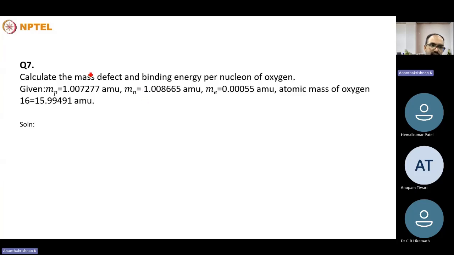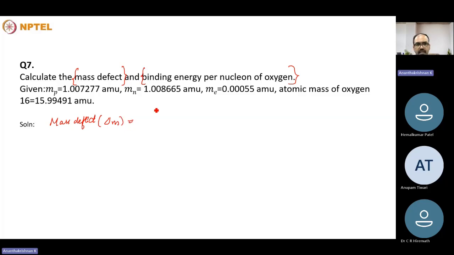The question is regarding the mass defect and the binding energy per nucleon of oxygen. So we have to tackle this problem using the equations. In the first part of the problem, we have to determine the mass defect, delta M.